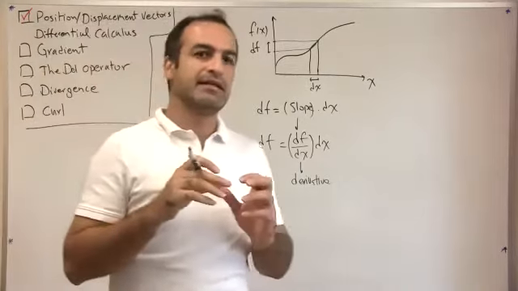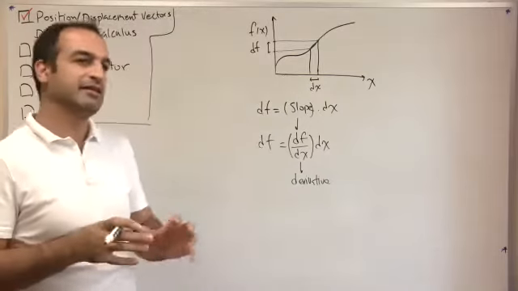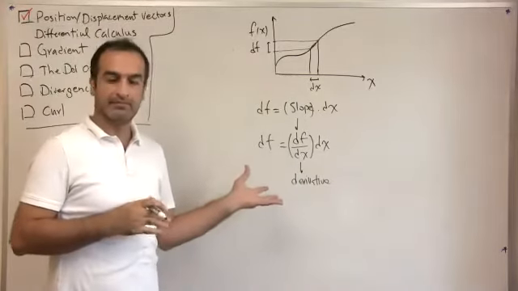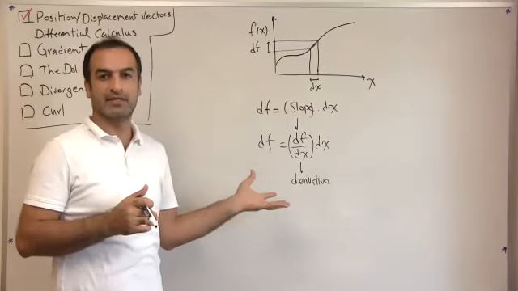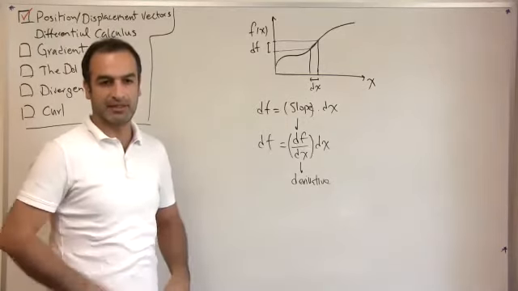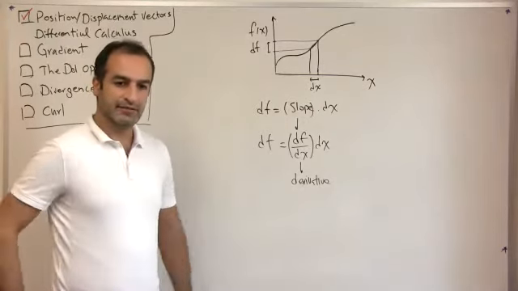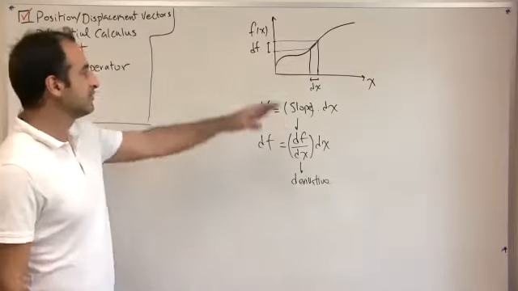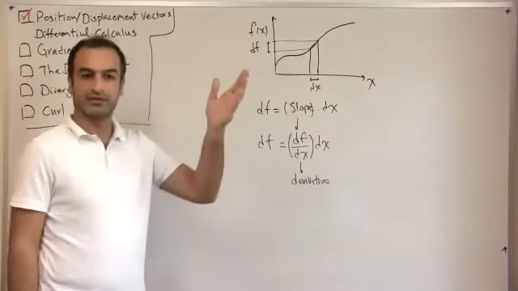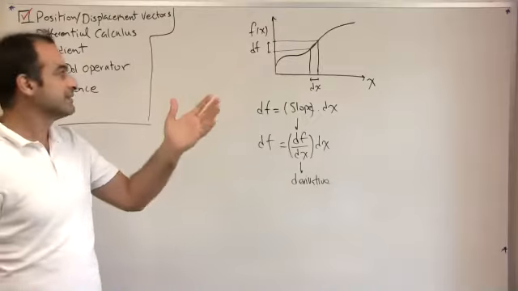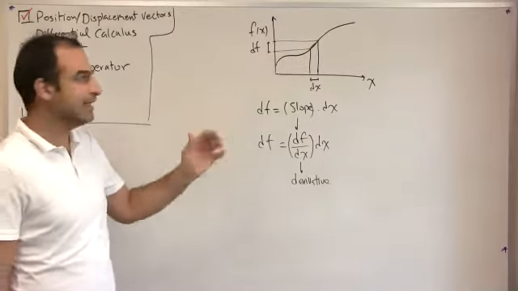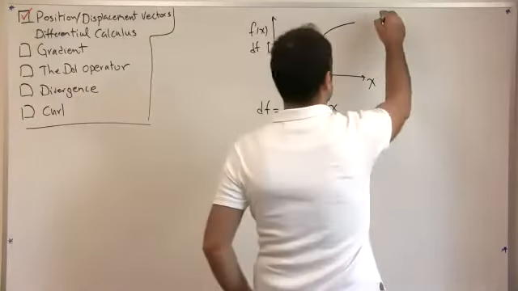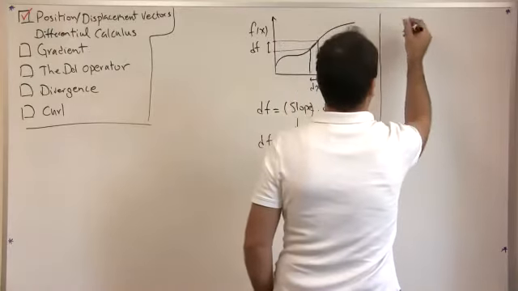And the gradient is actually a similar concept, I would say exactly the same concept, but in 3 dimensions. Now consider a function similar to f(x), a scalar function. But the only difference is that this function is a function of 3 variables.